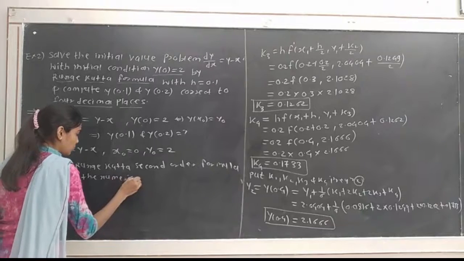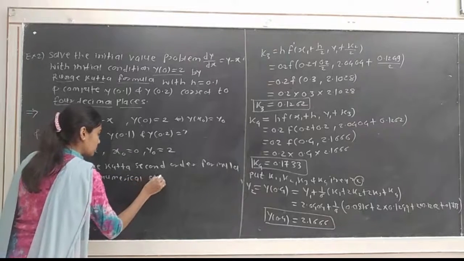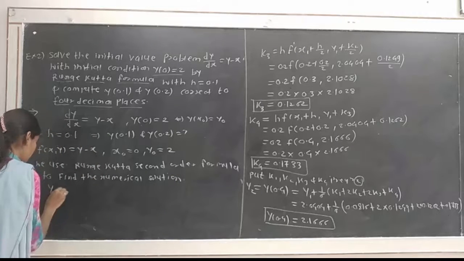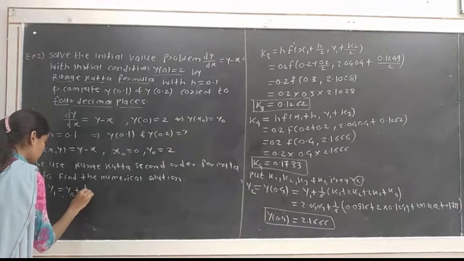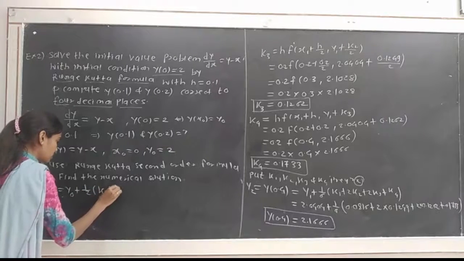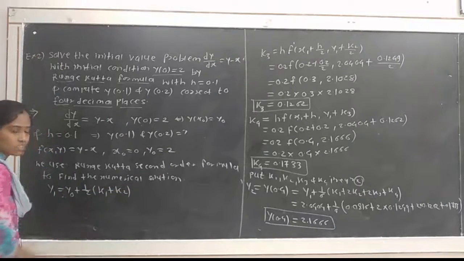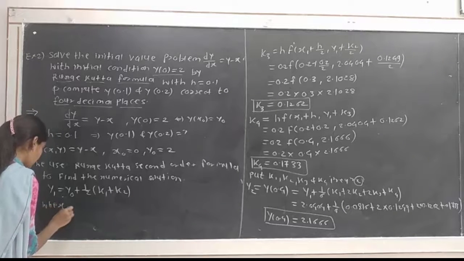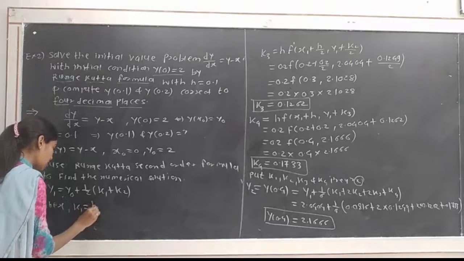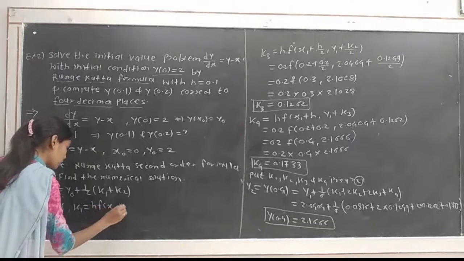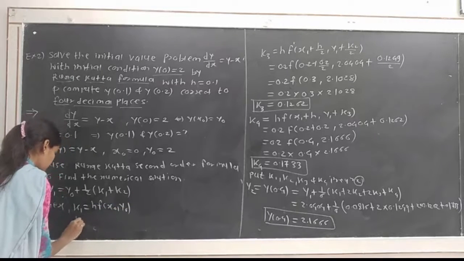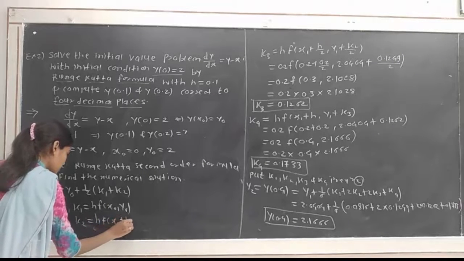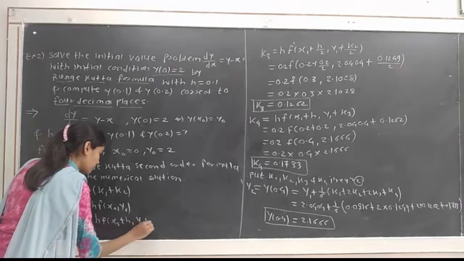The formula is y1 is equal to y0 plus 1 by 2 in brackets k1 plus k2, which is the second order Runge-Kutta formula. Here k1 is equal to h f of x0 comma y0, and k2 will be equal to h f of x0 plus h comma y0 plus k1.